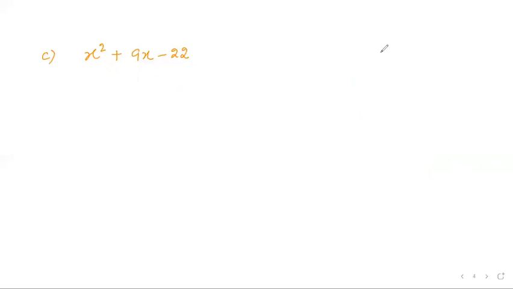Here we see the constant term is negative, right? If the constant term is negative, then we have to take the two numbers with different signs. Only then the product will be negative. So the two factors of 22 which give the sum as 9 will be 11 and minus 2, right?